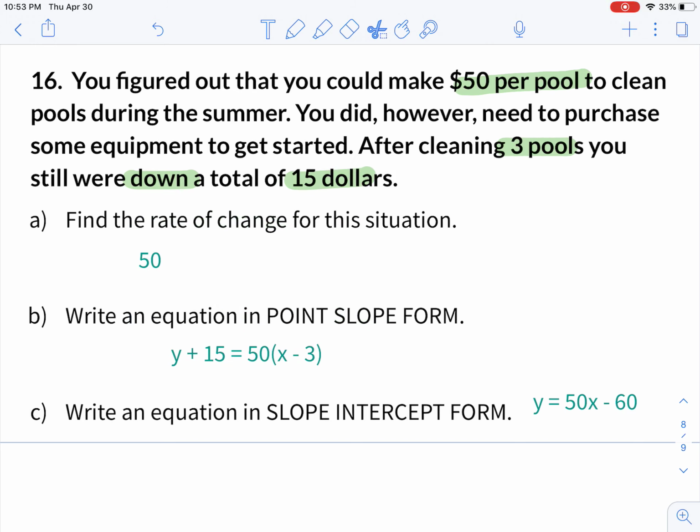What I want to do is solve this equation in slope-intercept form, so I want to do that for you. I want to distribute my 50, so I've got y plus 15 is equal to 50x minus 150, and then I'm going to subtract 15 from both sides.